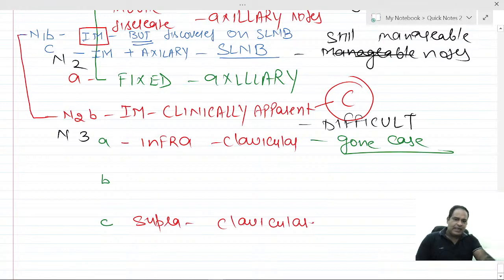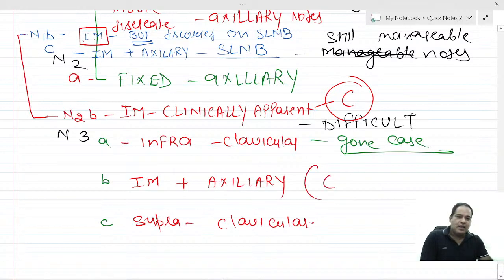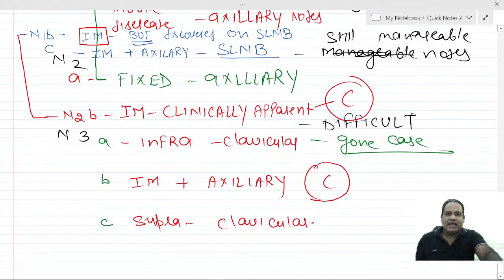Fine. 3A, 3C. Here, internal mammary plus axillary, and both of them are clinically apparent.